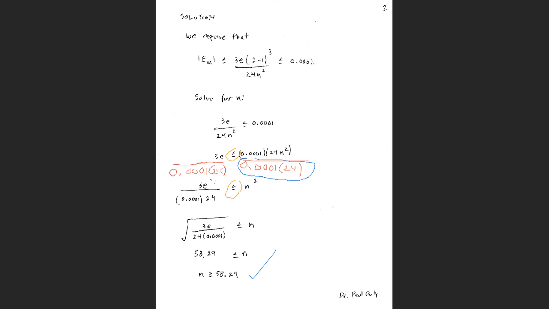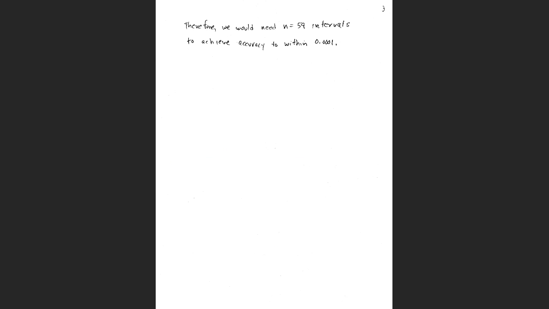Even though rounding 58.29 gives you 58, you don't want to do that, because the number of subintervals has to be an integer. If you need at least 58.29 for n, that means you're going to use 59 subintervals. And so on the next page, we need 59 subintervals to achieve the accuracy we want.